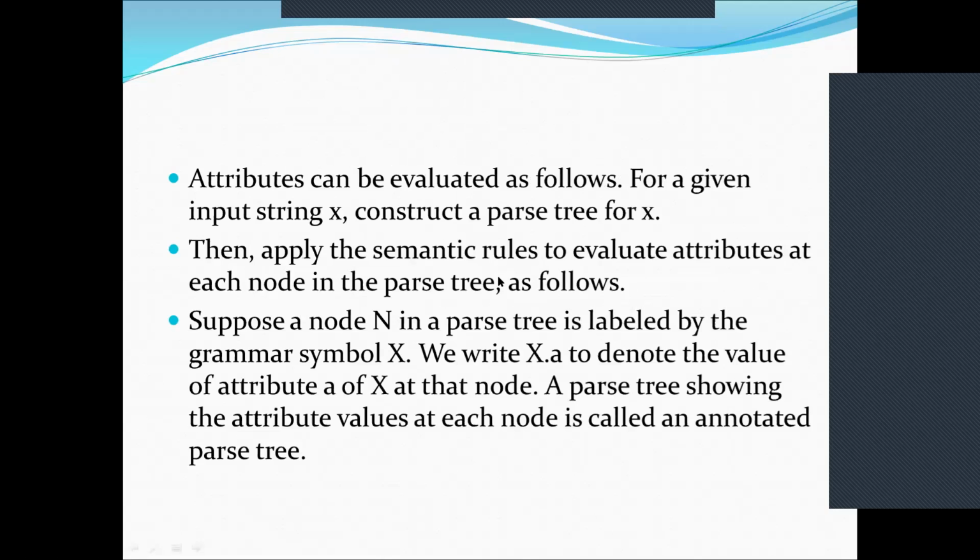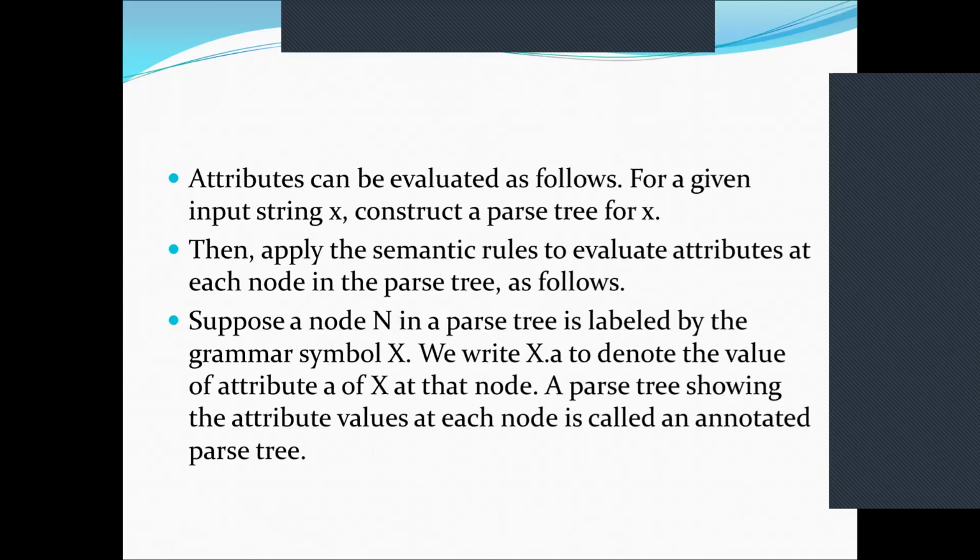So these attributes can be evaluated as follows. For a given input string X, construct a parse tree for X. Let us say the production is given like this: A produces X, Y, Z. So now you construct the parse tree for this production.